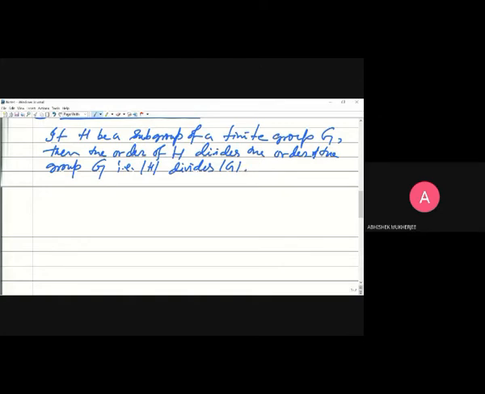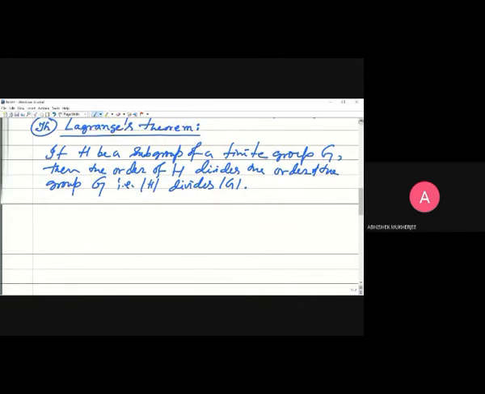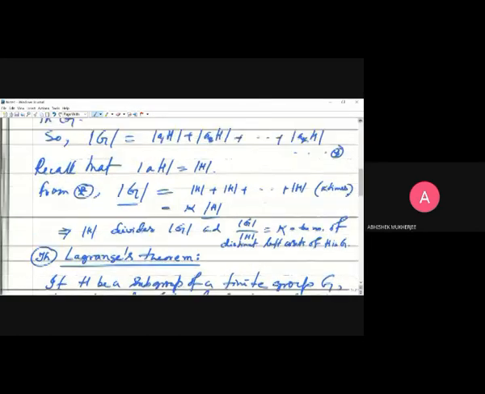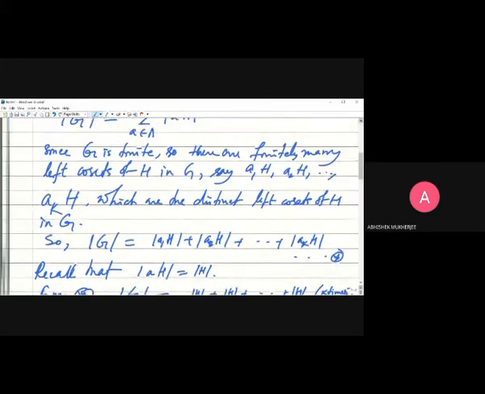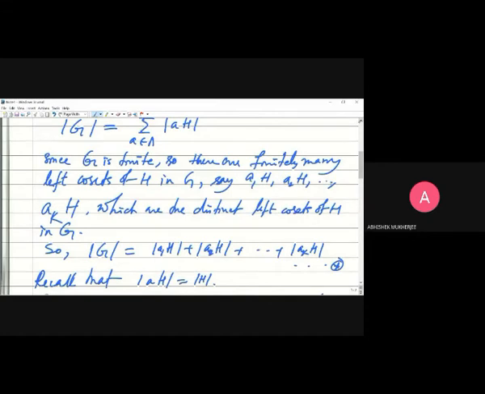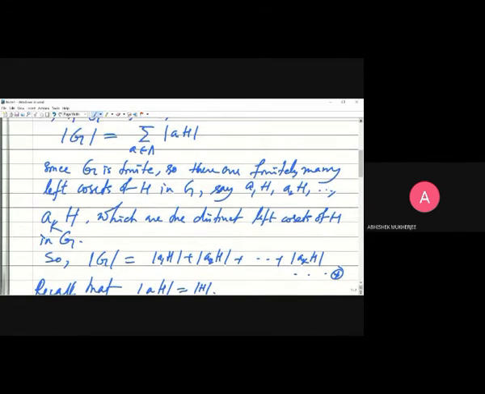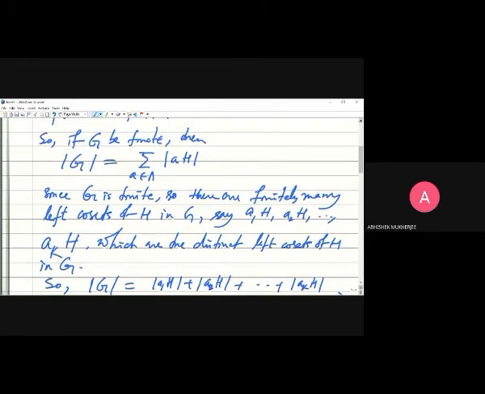Okay, so this is the theorem and the proof lies in the above discussion. The proof is the above discussion. Okay.